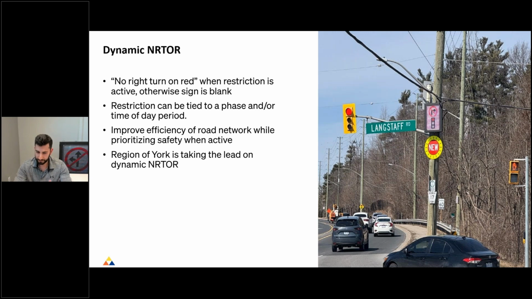So this means that the restriction is active during the most high-risk periods. But then when those periods pass, the sign is blank. So you're receiving full safety benefits from the sign during your highest risk periods, while prioritizing network efficiency when the restriction is no longer in effect.